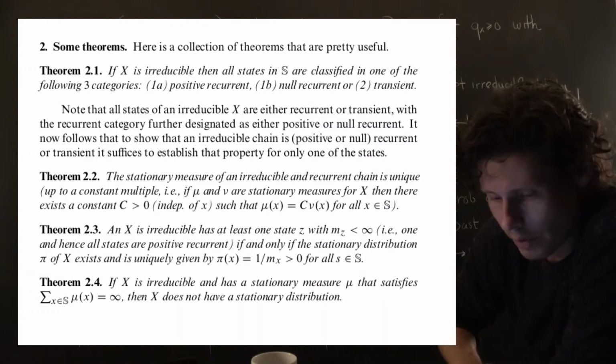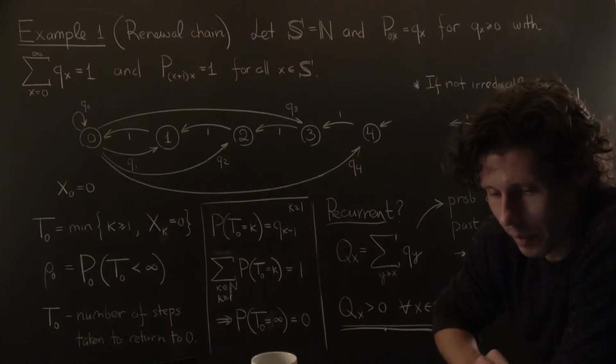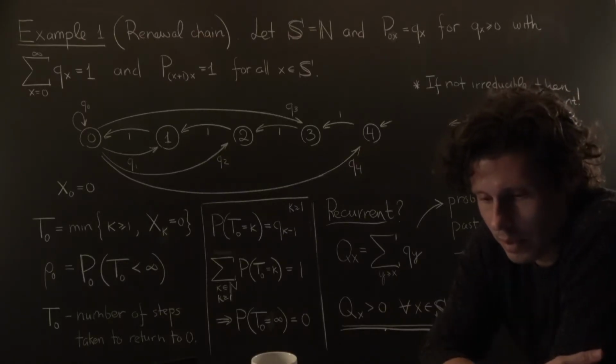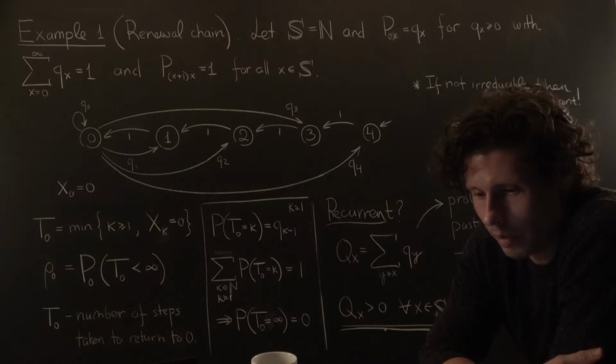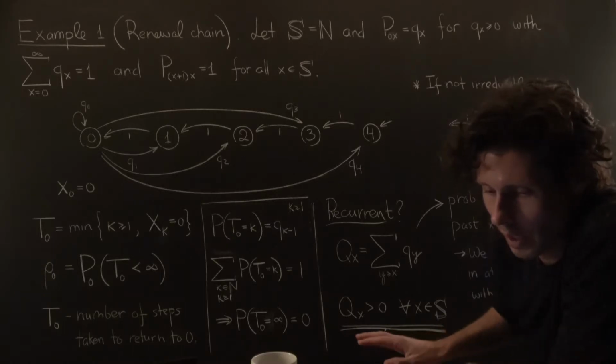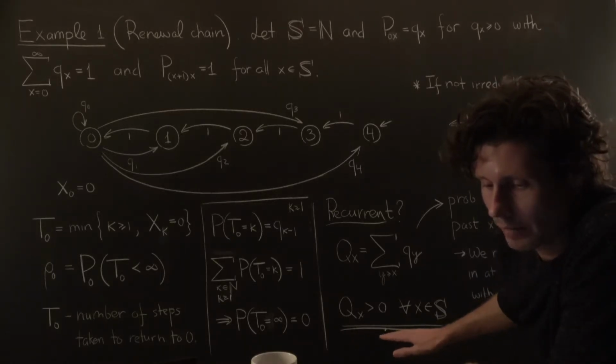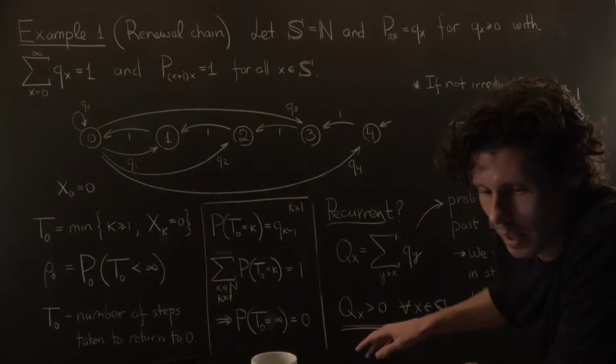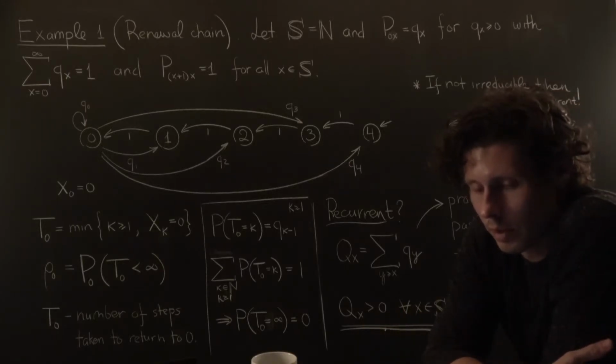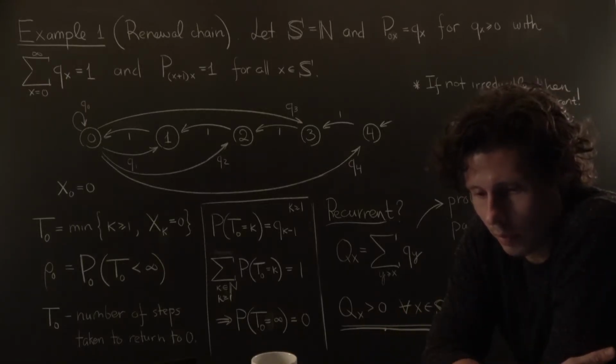So this is a very useful theorem, and we can apply it here, and it essentially means that we don't have to bother verifying recurrency for every single state. That would be very tedious. We have required irreducibility already, and that essentially tells us, well, look, you can pick the state that you want, verify recurrence for that state, and then by theorem 2.1 that we just looked at, you claim that recurrency holds for all states.